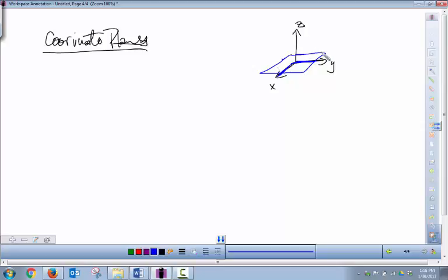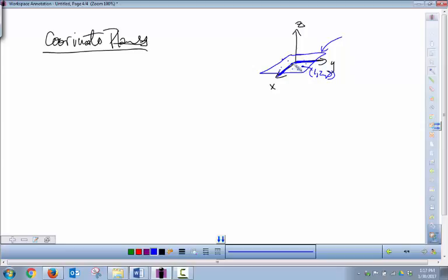So what can be said about all the points on this plane? Regardless of where you are in x and y, z is always going to be 0. So if I pick a point here, like 1, 2, this would be 1, 2, 0.